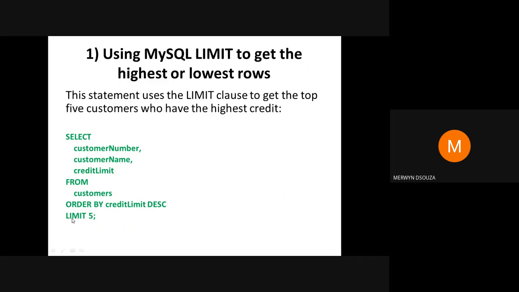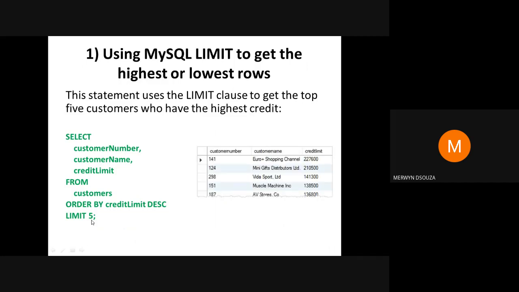Therefore we limit the number of rows to be returned to 5. Here only the row count is used, not the offset. The output will look something like this. We get the customer number, the customer name, and the credit limit. These are the top five customers with the highest credit.